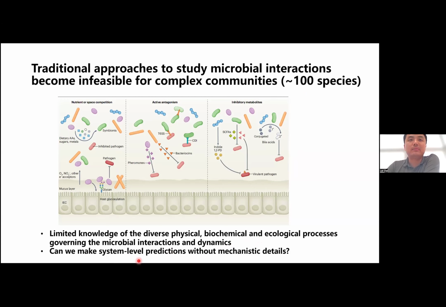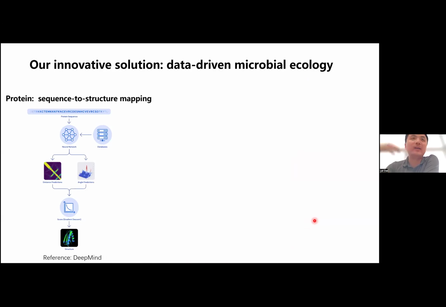Can we actually make system-level predictions without understanding the mechanistic details? We started with this question, and then we found a solution. It's not a completely new solution, but I want to draw an analogy to the protein field. I was trained as a physicist, and we all know that protein folding is a very important biophysics problem.